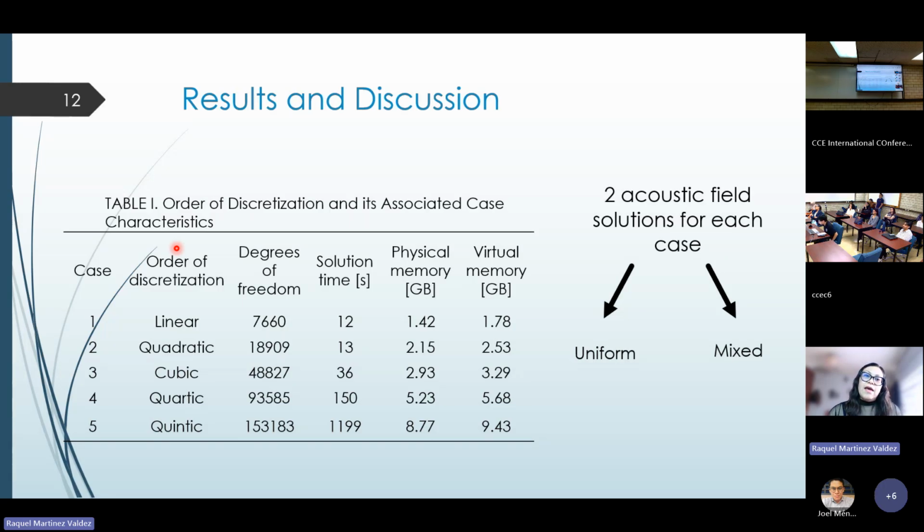As we see, it's evident that as we increase the order of discretization, the degrees of freedom also increase, the solution time increases, and the computational resources increase too. After having these solutions, we need in the post-processing stage to calculate the solution for the acoustic field for the uniform and the mixed distribution. So there were 10 solutions of acoustic pattern.